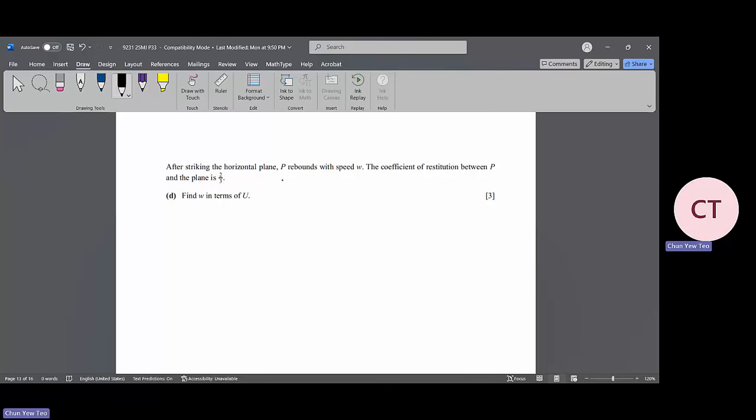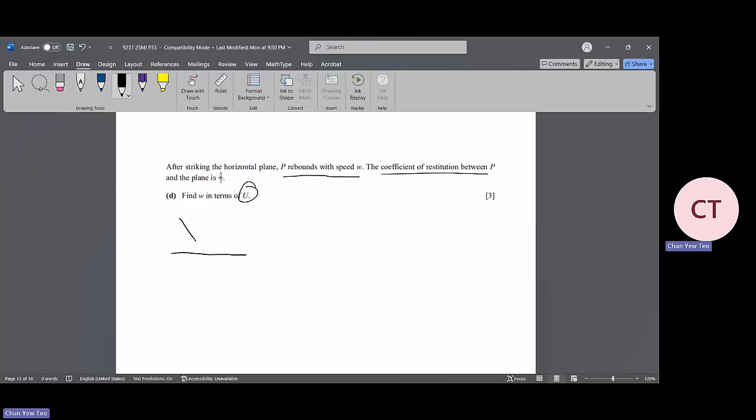After striking the horizontal plane, P rebounds with the speed W and the coefficient of restitution between P and the plane is 2/3. Find W in terms of u. Okay, so over here, after the rebound, we need to draw a diagram.